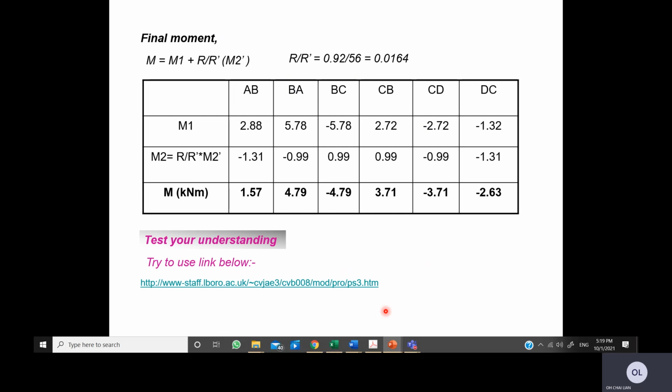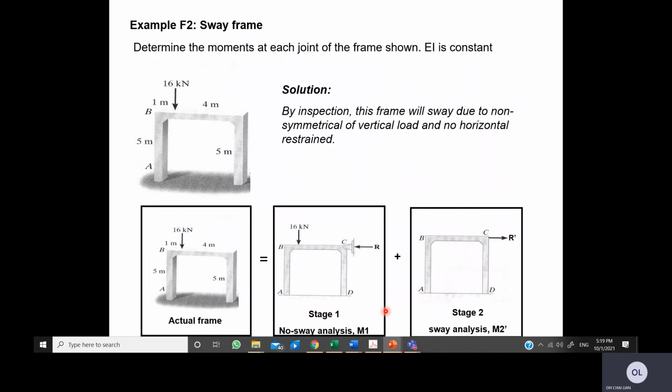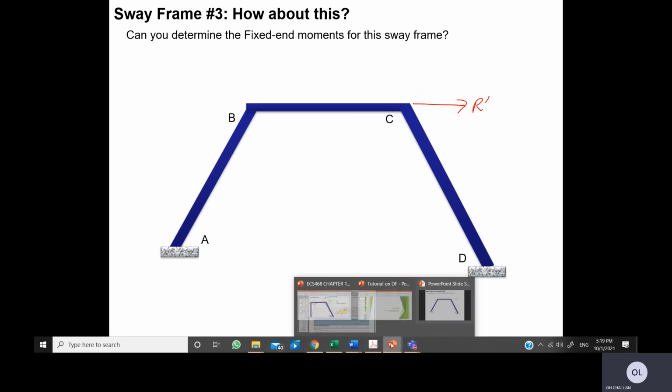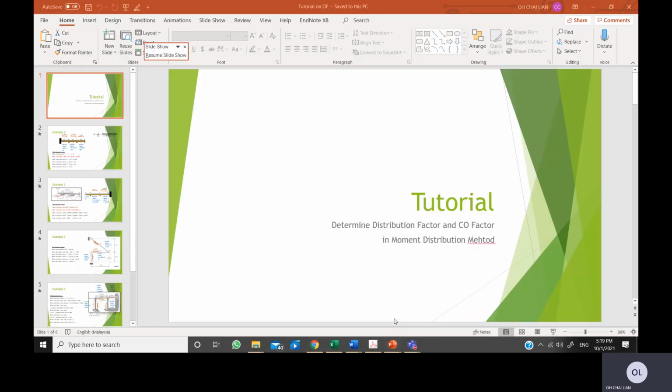All right, I think that is what I would like to share with you. For today's lesson, you need to try to draw the deflected shape of this sway frame and determine the fixed moment for this sway frame. And please also download from UFuture the tutorial to determine the distribution factor and carryover factor.